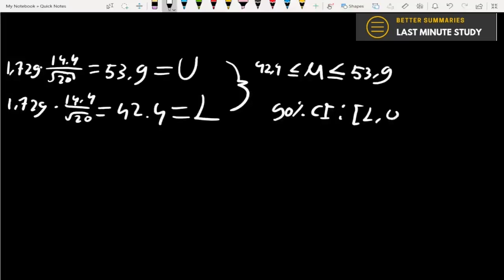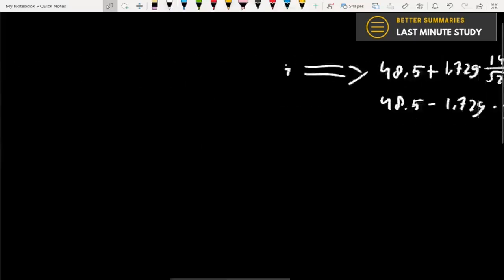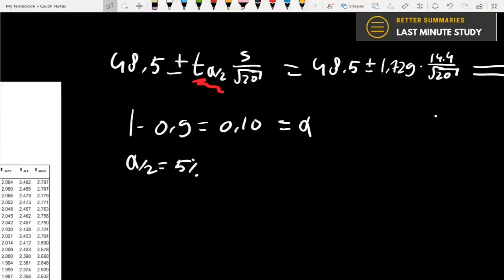It's L, U. That's it for the confidence interval. So we've constructed a 90% confidence interval. Not that hard, just need to know what you're doing.